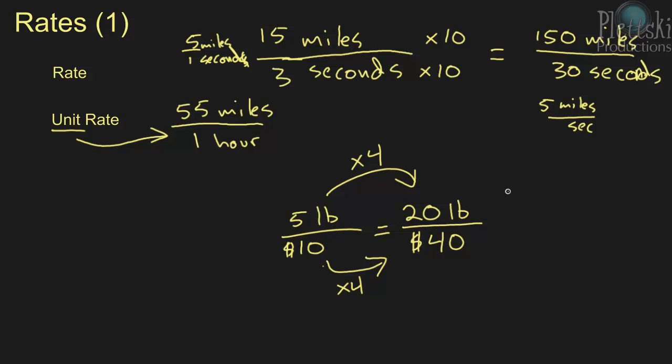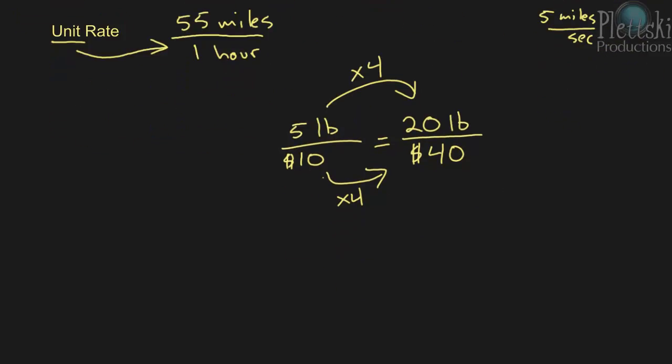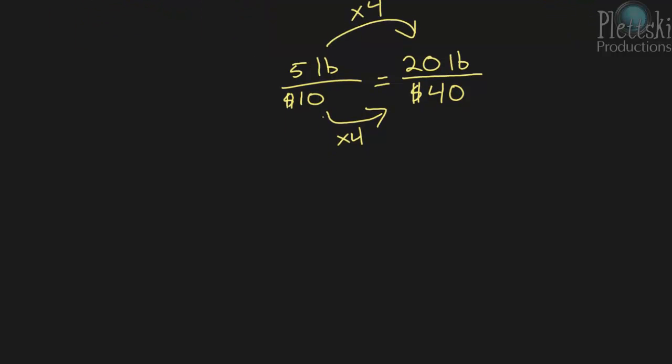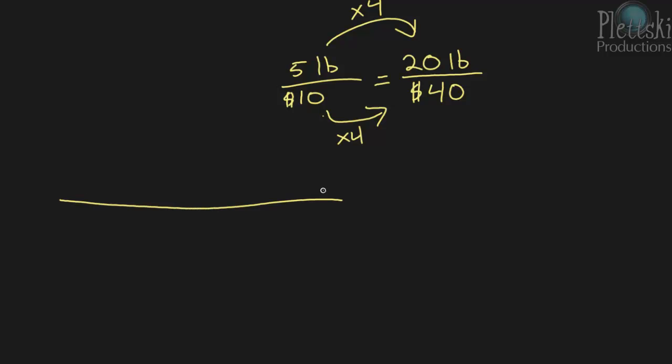Okay, another example. Let's do one with a unit rate. Okay, let's say we're going on a road trip and it's 220 miles. And it's going to take us 4 hours to get there.